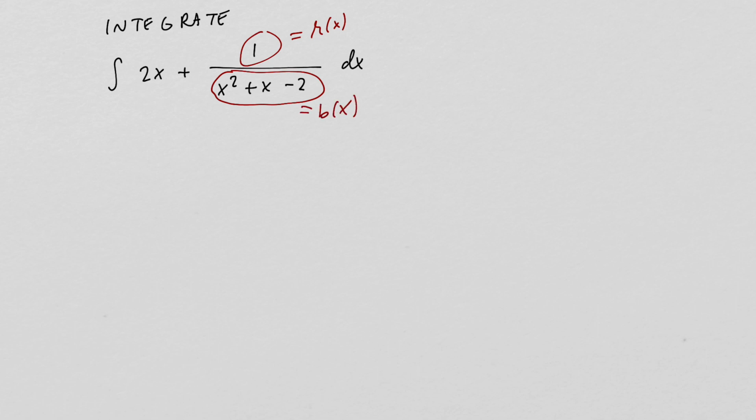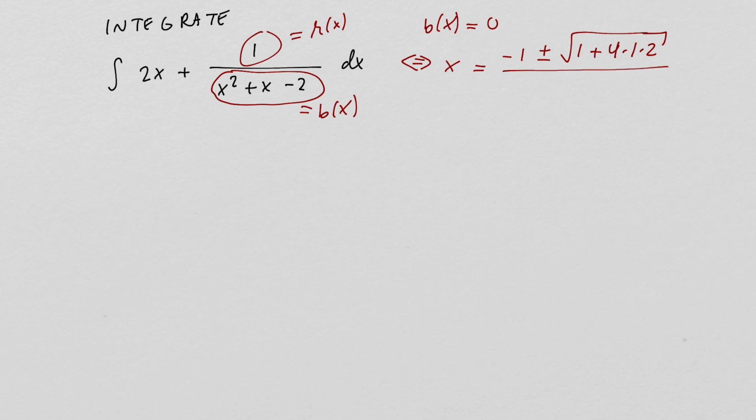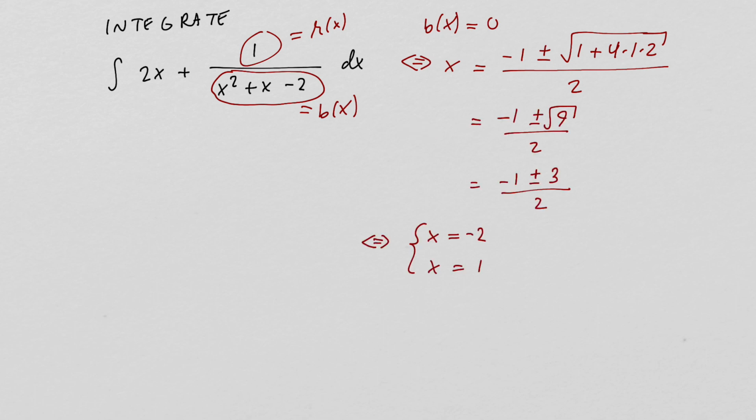And we are supposed to find the zeros of b. Well, b is 0 if and only if x is like this and divided by 2, so we will get that x has to be minus 2 or 1.